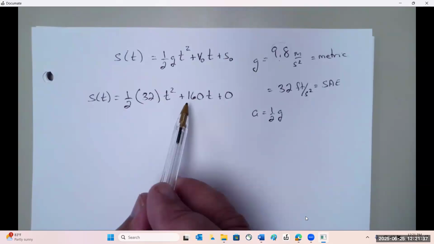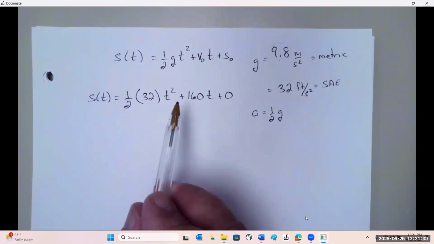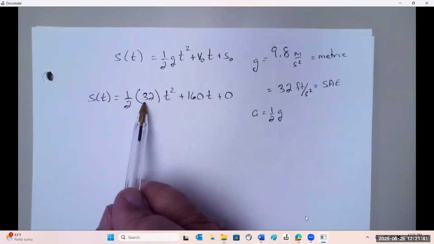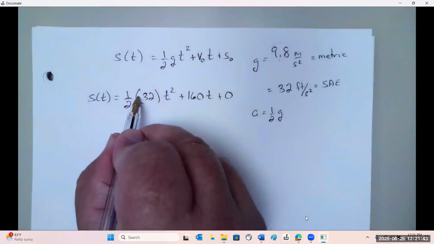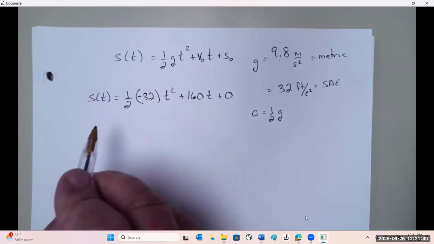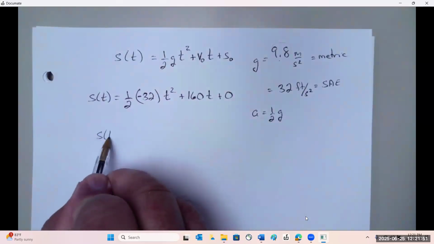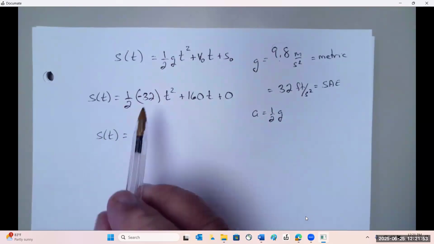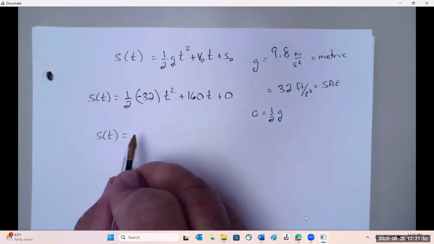Since it blew up, our initial velocity was going up. So what does gravity have to be then? It's got to be negative because it's coming down. So what's half of 32?